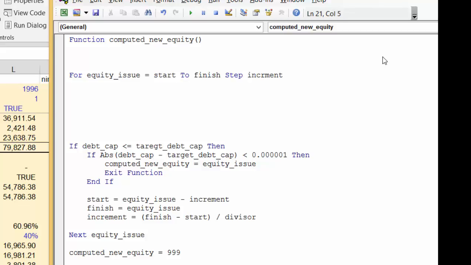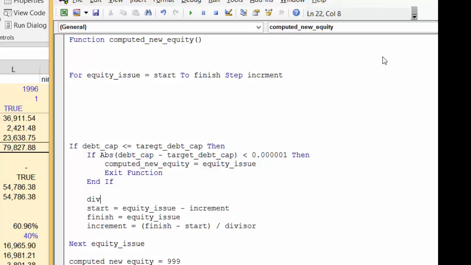Now, here's the little trick that I've started to do. I'm going to make the divisor equal divisor plus some 10. That makes this smaller and smaller, and it'll converge to a tiny, tiny little number.